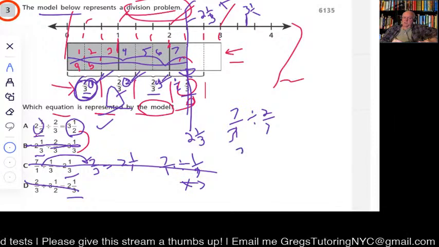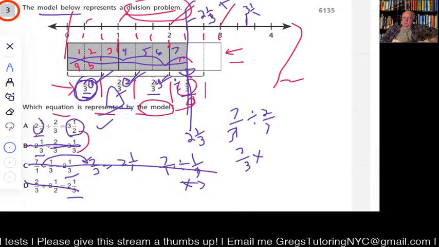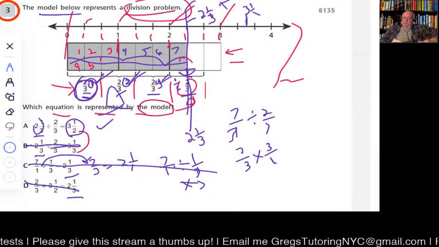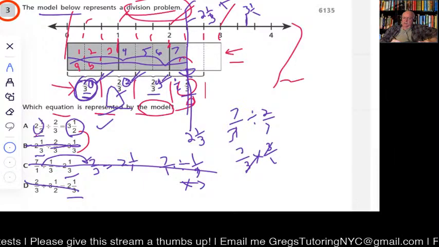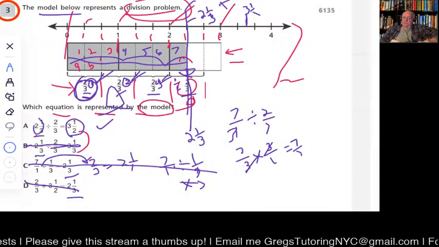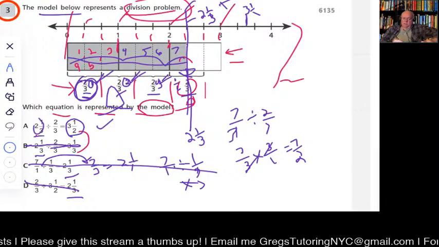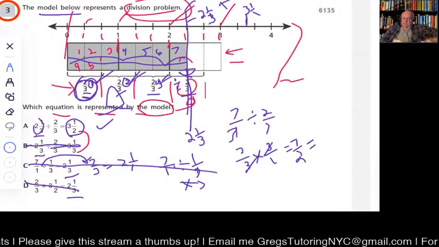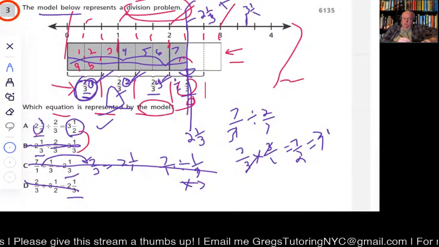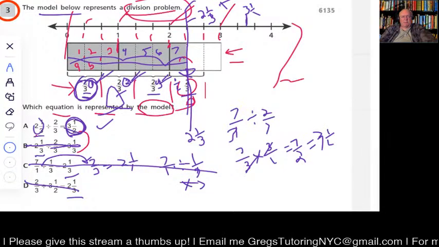So we get 7/3 times 3/2. The 3's cancel out, and that's equal to 7/2. And that, my wonderful 6th graders, is equal to 3.5, which turns out to be what this is. And this problem lives happily ever after.